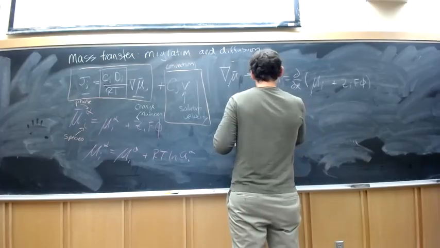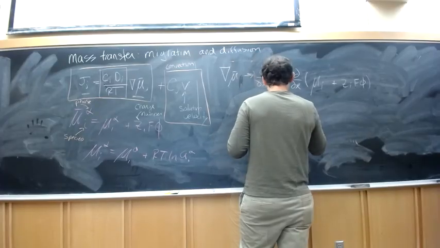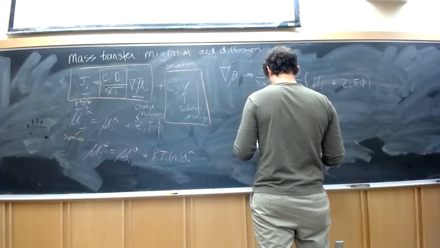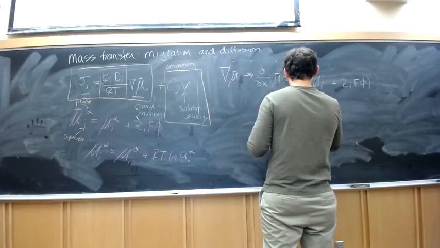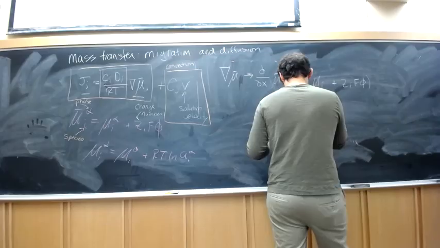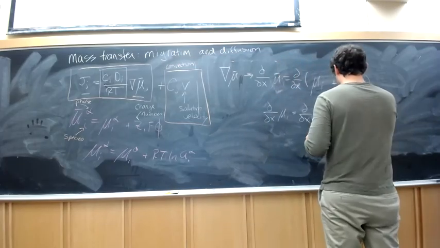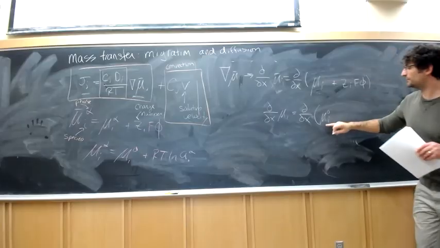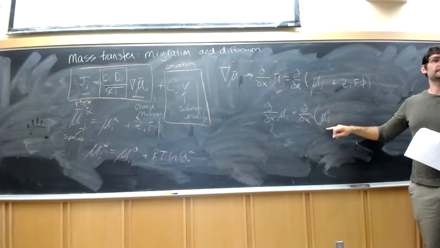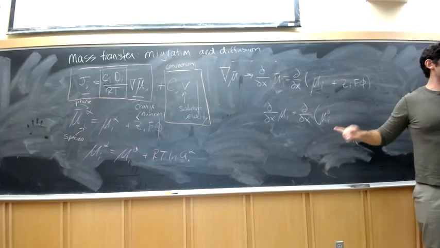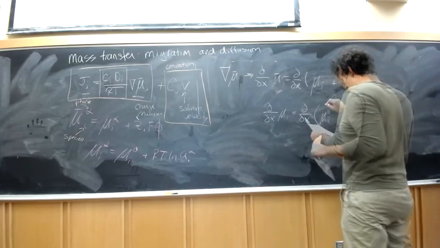And d/dx of mu i, if I just think about the derivative of that, is going to be equal to d/dx of mu naught i, which is going to be, what's the derivative of the standard chemical potential as a function of position? 0, right? That's defined as the standard, so that should go to 0.